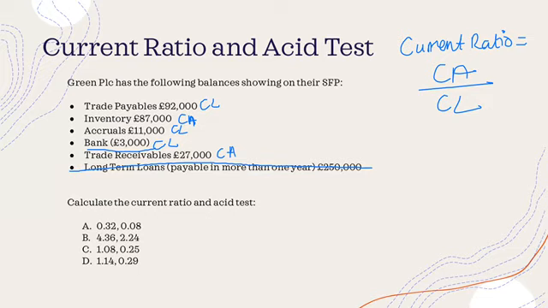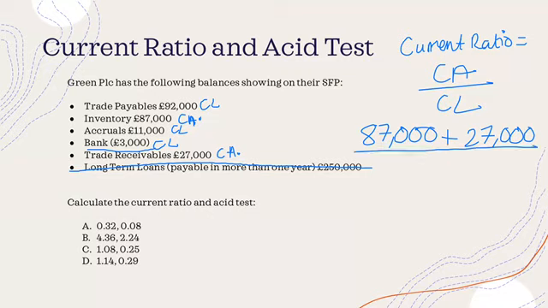So to work out our current ratio, we would do 87,000, which is from inventory, current asset, plus 27,000, which is also a current asset, trade receivables, divided by our current liabilities.